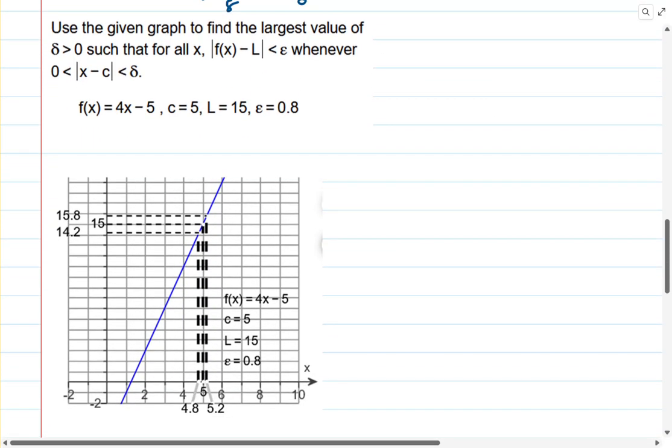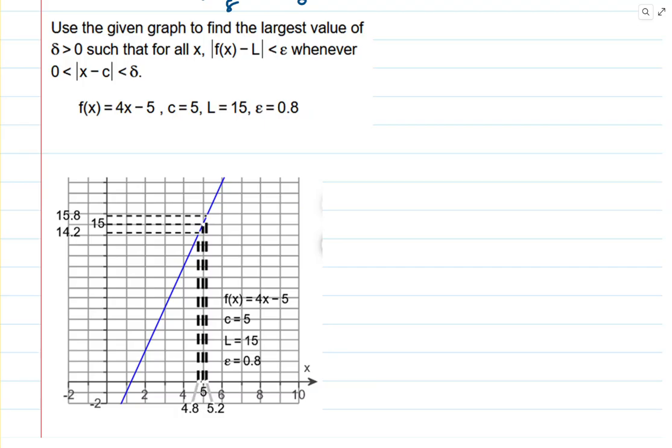We're going to have this guy right here, and we have a picture on this one. I love pictures because they give us something to draw from, especially as to the parameters that are implied, correct? All right. So we're going to read, because I have a tendency to glaze over everything and think I know what to do. Use the given graph to find the largest value of delta greater than 0.